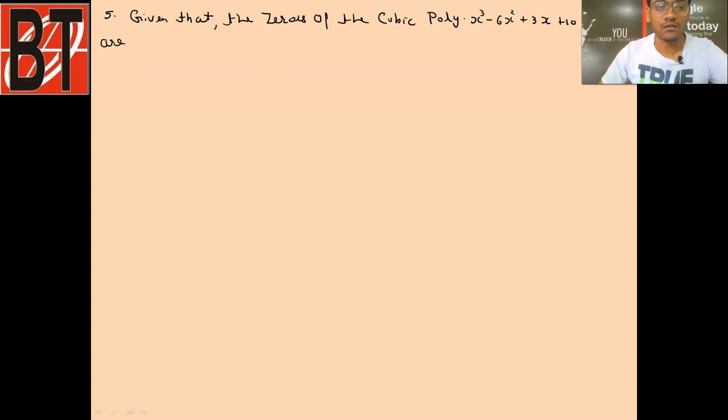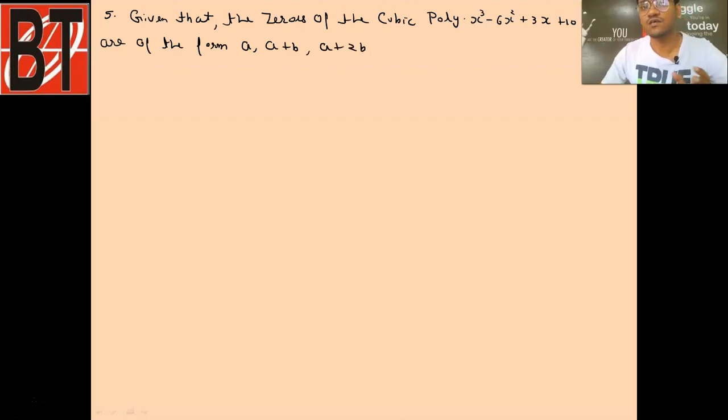Okay, given that the zeros of the cubic polynomial x cube minus 6x square plus 3x plus 10 are of the form a comma a plus b comma a plus 2b.